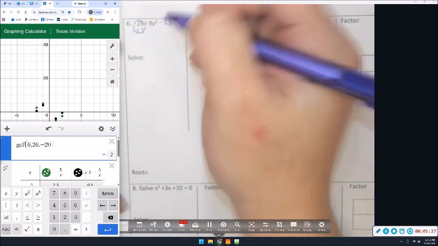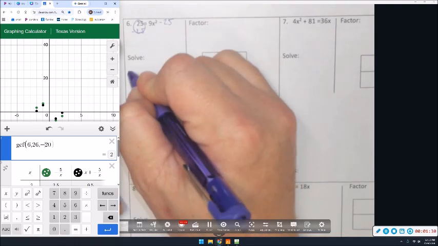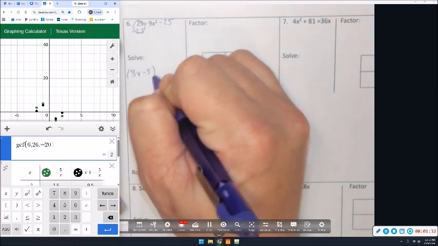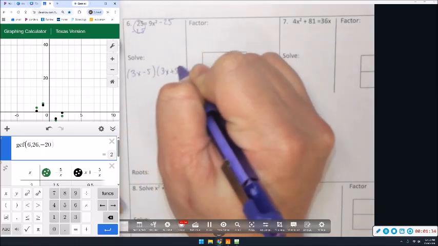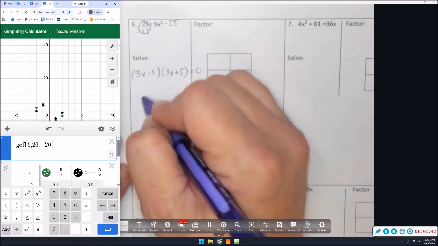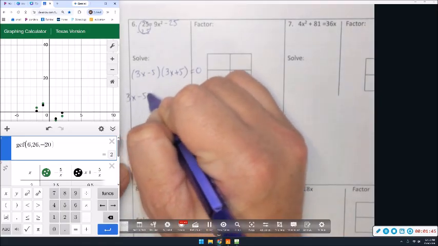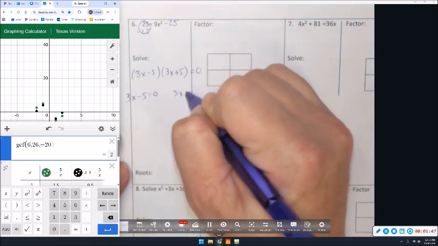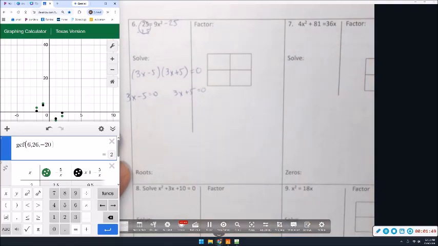Okay, so what I want you to realize, if we factored it, we did all the work, we would get 3x minus 5, 3x plus 5. Right? And we got to set them equal to 0, so 3x minus 5 equals 0, 3x plus 5 equals 0. And then we solve.